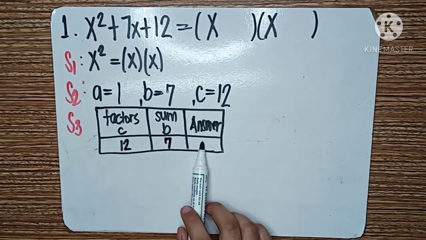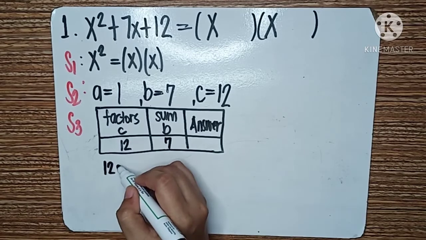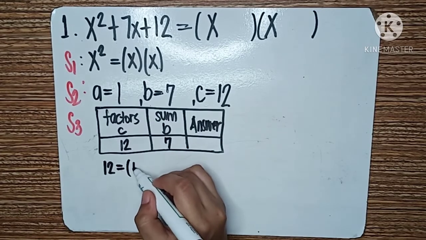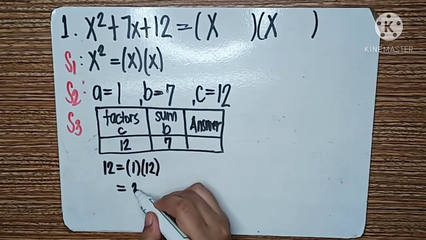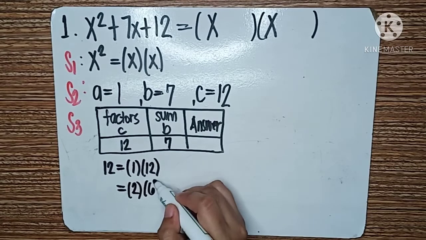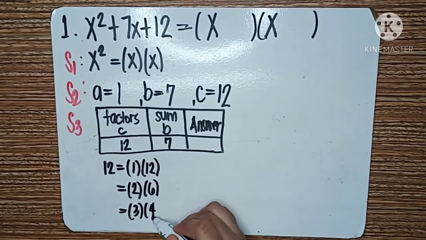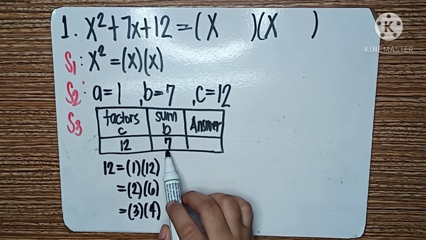Now, to find the answer and for the solutions, we'll write all the factors of 12. And then the factors of 12 are 1 and 12. Another is 2 and 6. And 3 and 4.